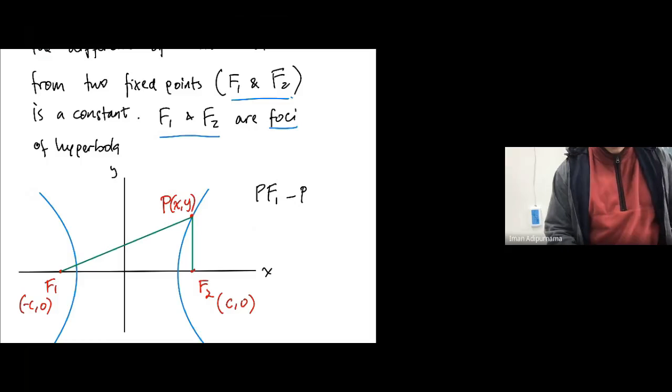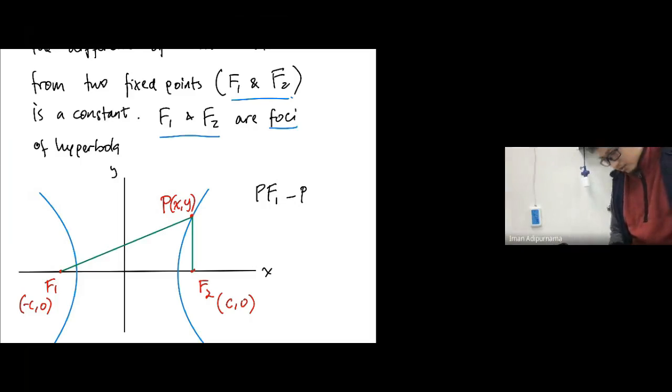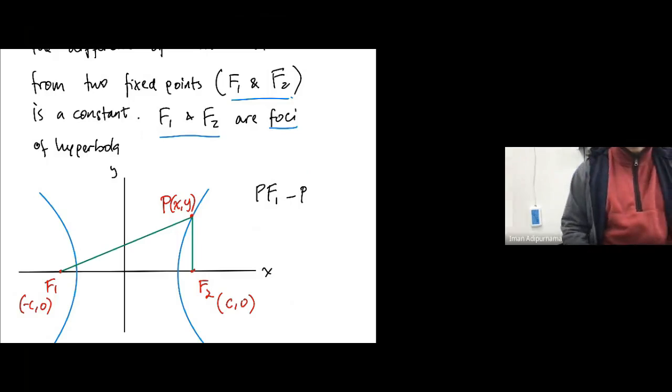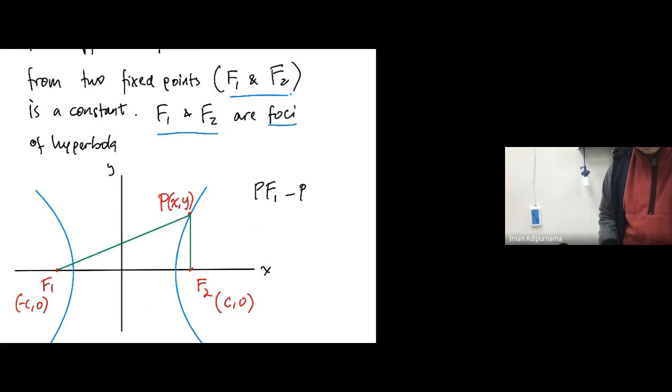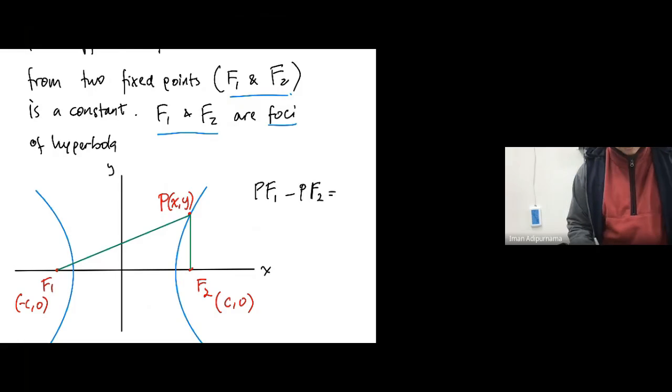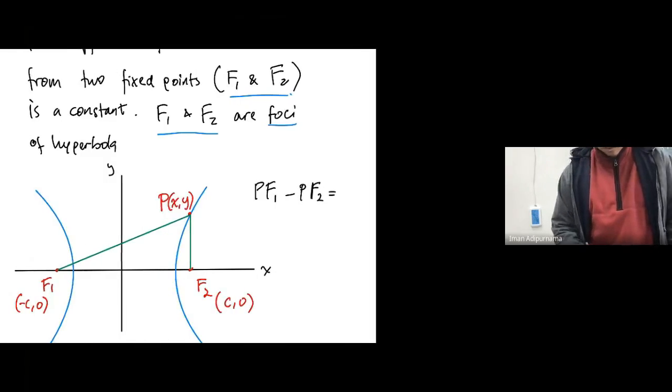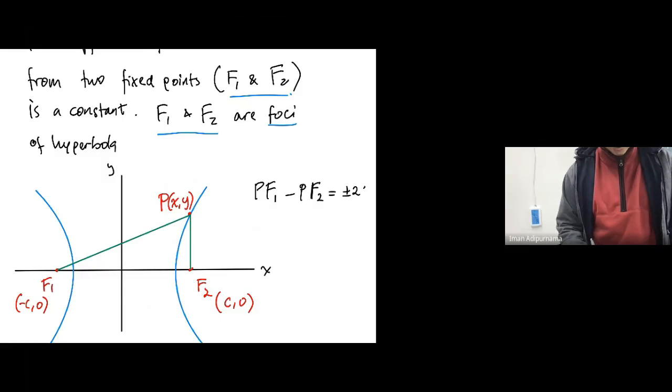Okay, so the definition will be PF1 minus PF2 is plus minus 2a.